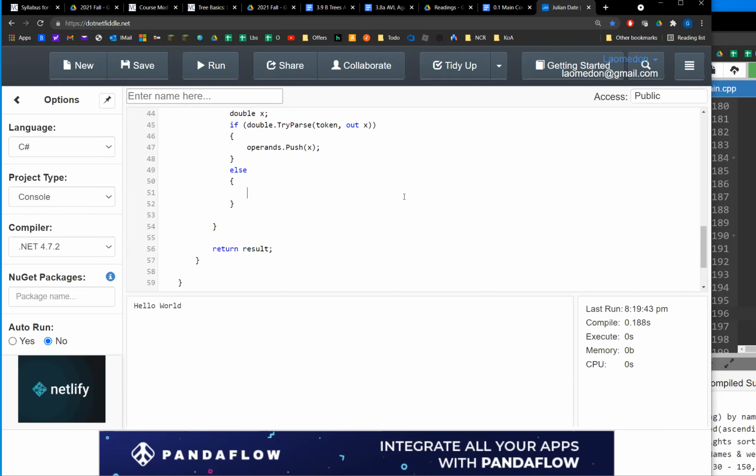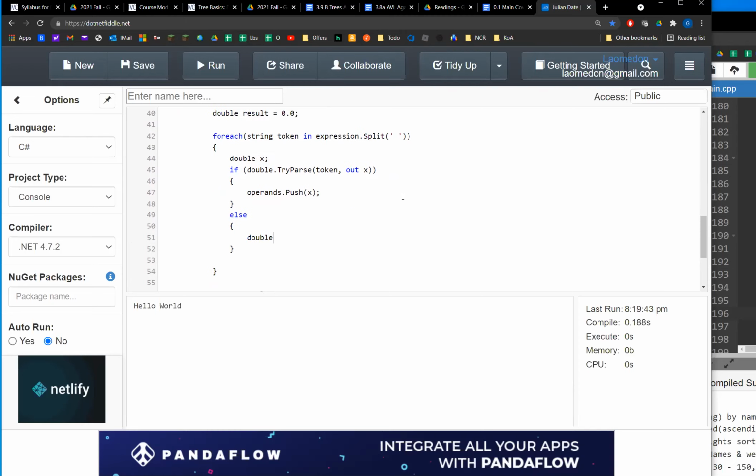Right, if we try to pop from our stack, we want to get two values. We want to pop from our stack, get our right-hand side, and get our left-hand side, and then operate on them. We'll do our error handling here in a second.